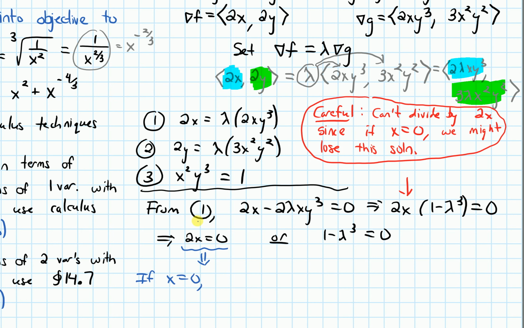And if x is equal to 0, if I plug that into equation 3, then we would get x squared times y cubed would not be equal to 1. It would actually be equal to 0 because we'd have x as 0. So the conclusion is that x is not going to be 0. x equals 0 is not a solution here.